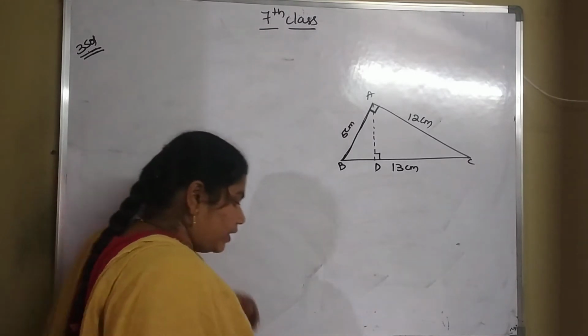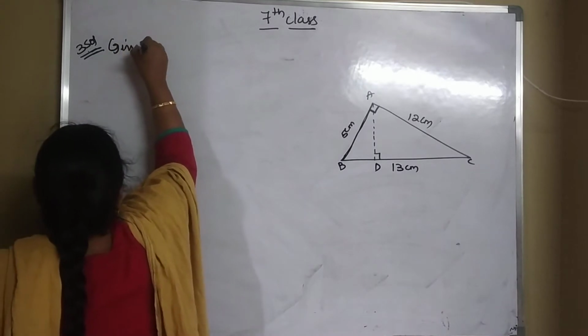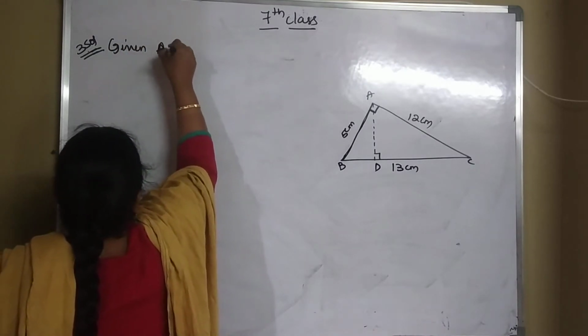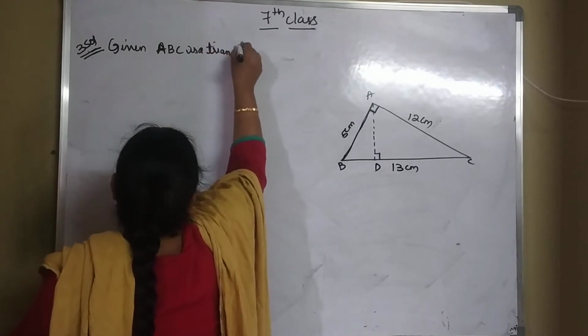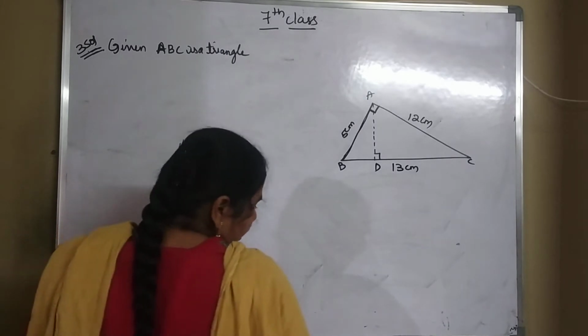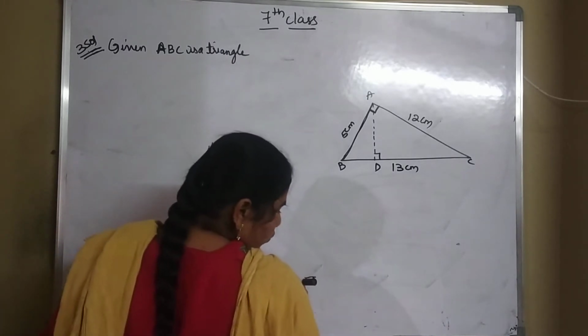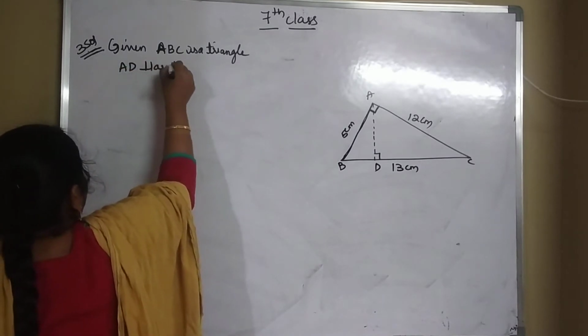So what they have given: ABC is a triangle. Next, AD is perpendicular to BC.